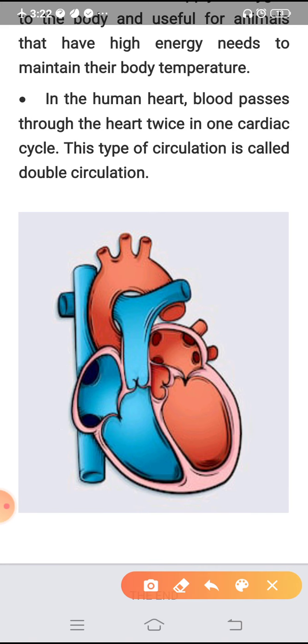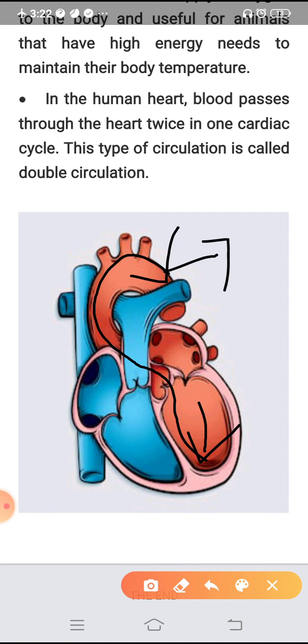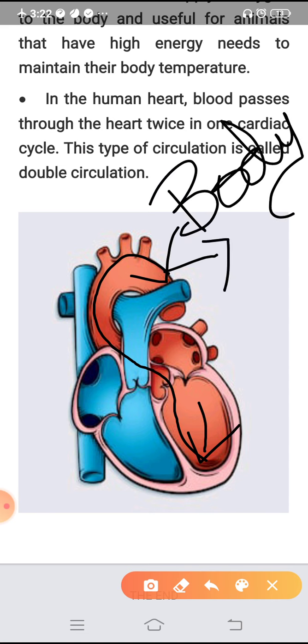So now the blood which entered the left ventricle passes to the aorta because it is oxygenated blood. Through the aorta, it reaches various parts of the body where the cells use this oxygenated blood. And the deoxygenated blood which enters the right ventricle, what happens to it?